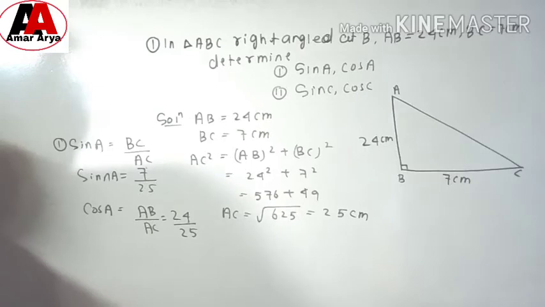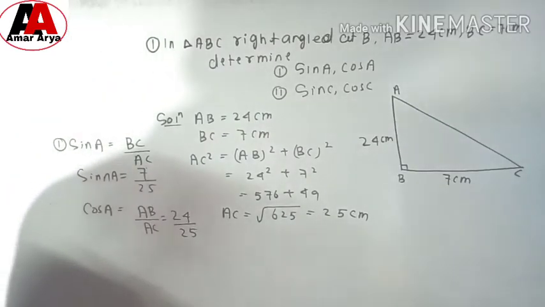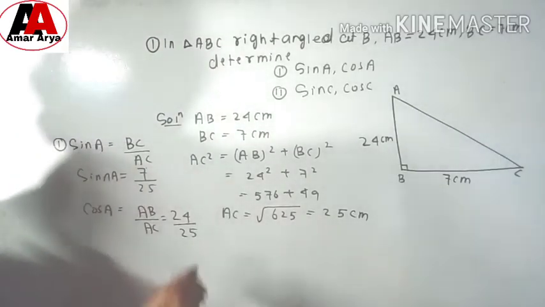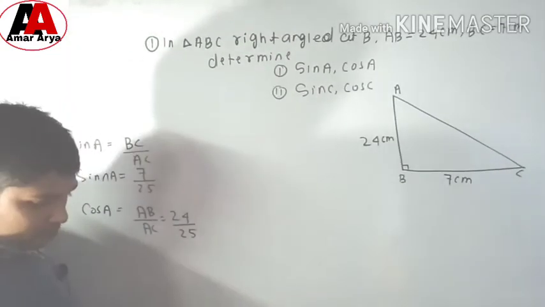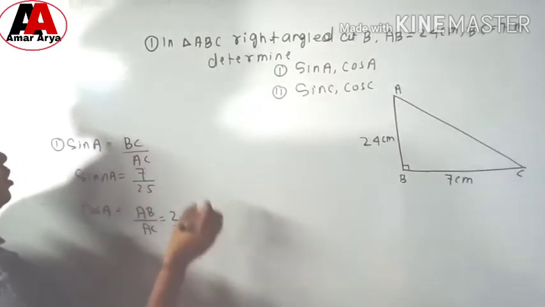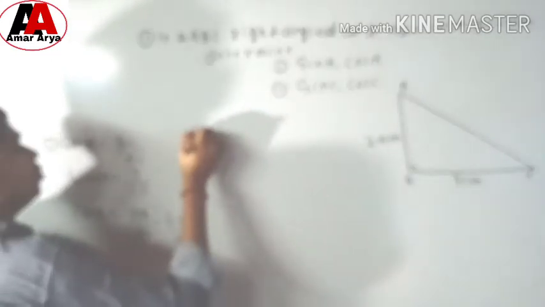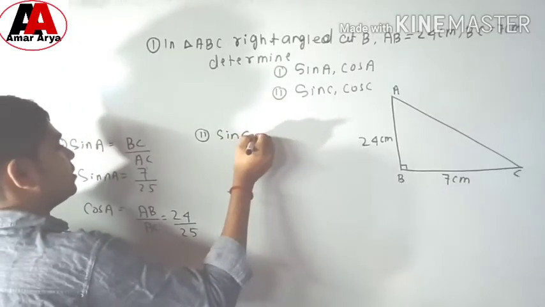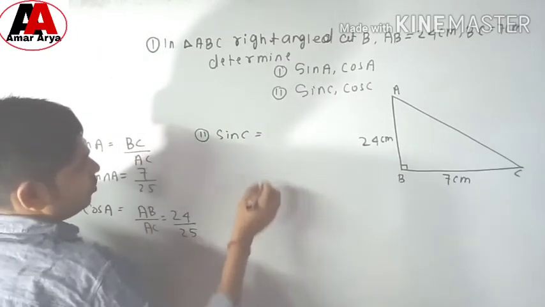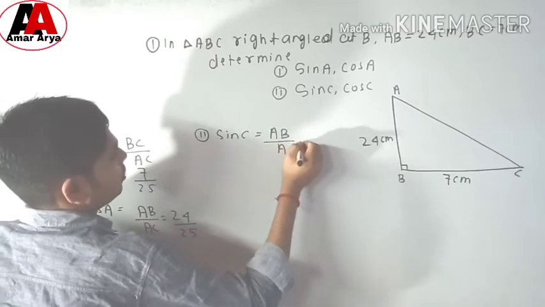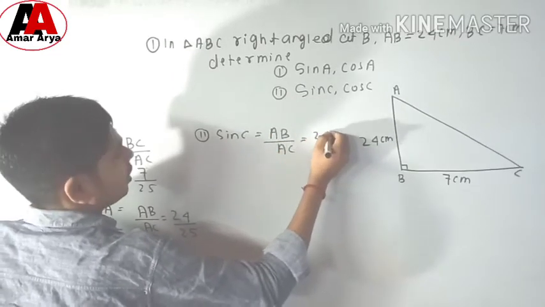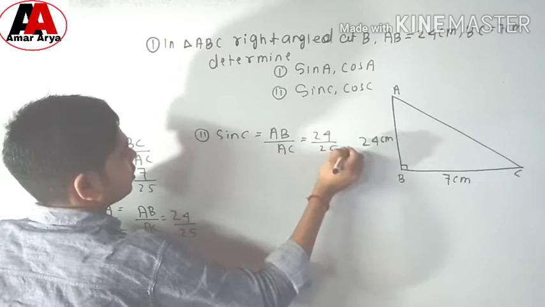After that, we need to find sin C and cos C. Number 2: sin C means the side opposite to C, so we can write AB by AC. The value of AB is 24 and AC is 25.